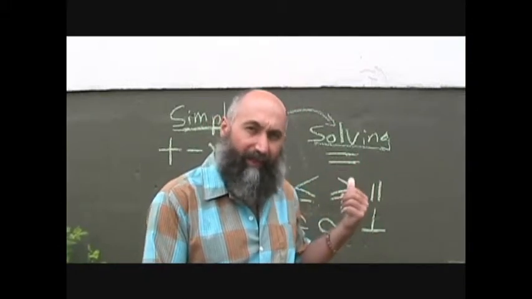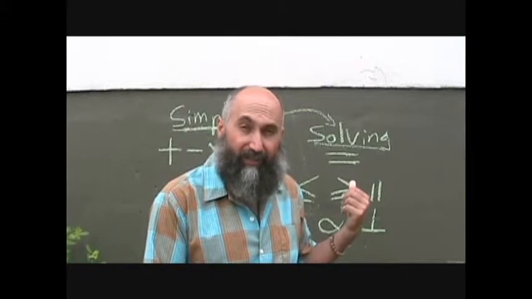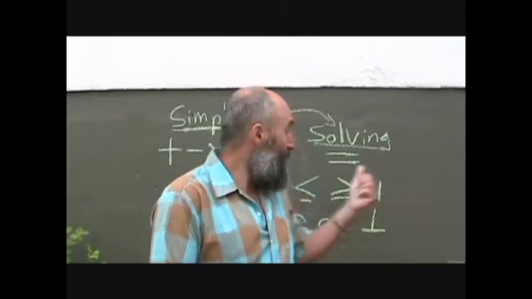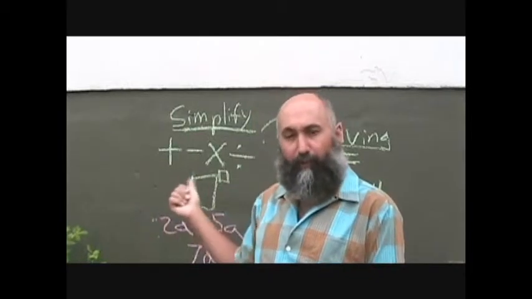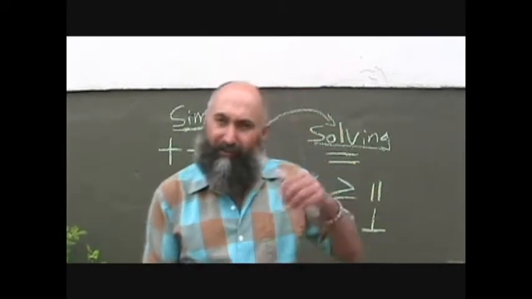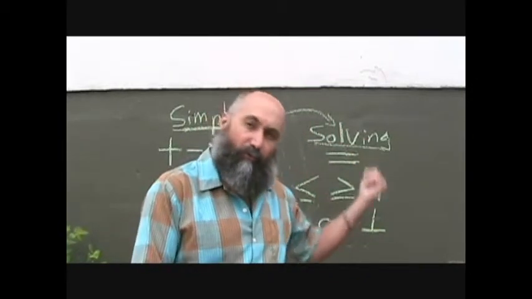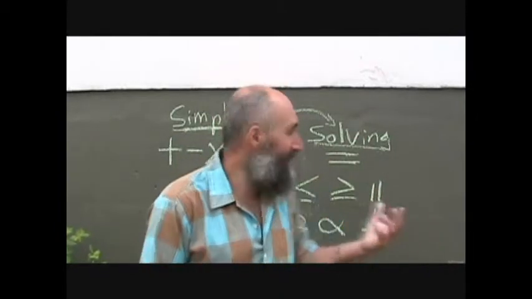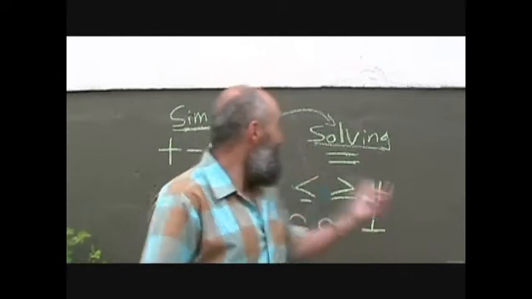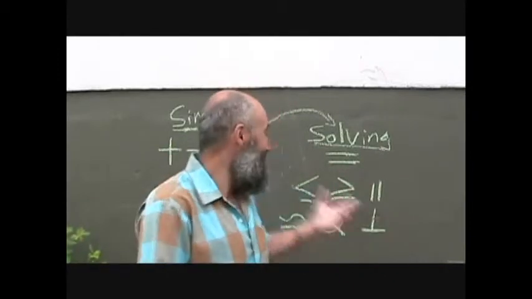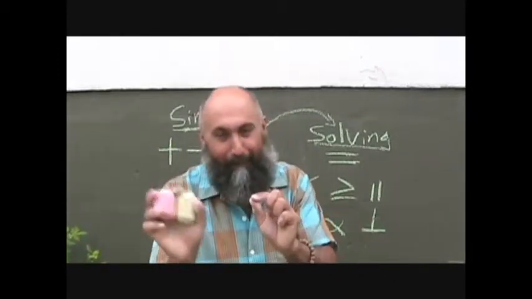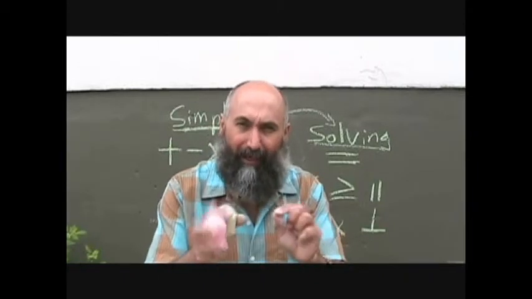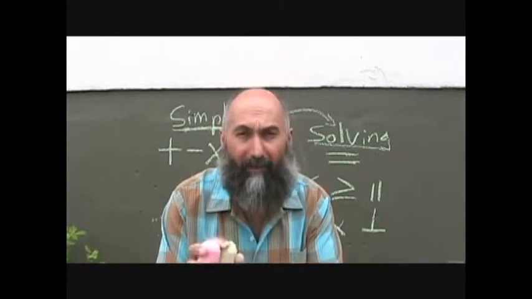And for solving, since we've introduced a new symbol, we have to learn how to use this symbol. For each one of these operations over here, there's something you do to be able to move yourself around the equal sign. In general, for the equal sign, 100% it works this way. For the other ones, there's something you have to do to adjust for certain properties of the symbols.